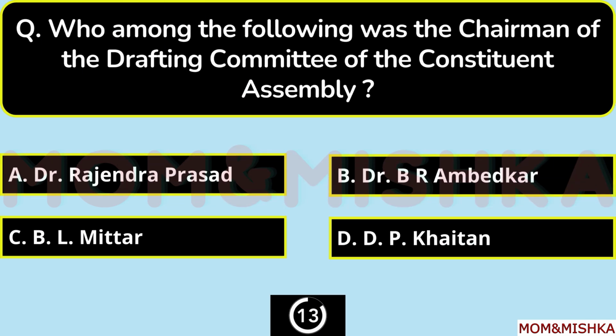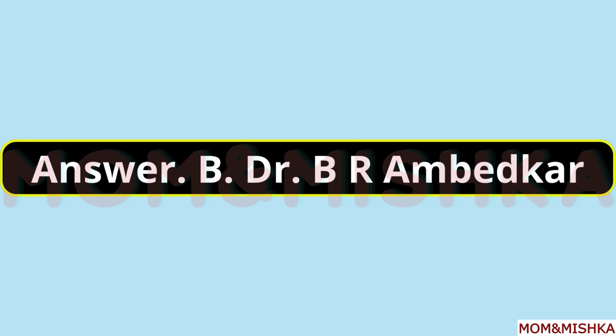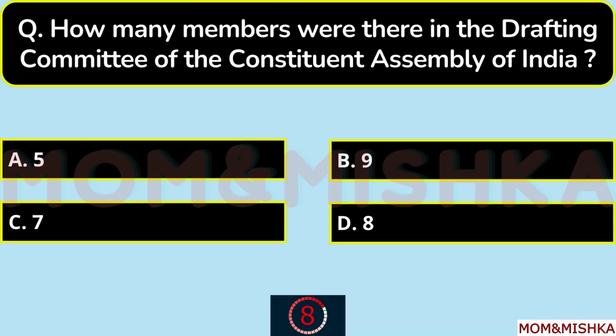Who among the following was the chairman of the drafting committee of the Constituent Assembly? Dr. B.R. Ambedkar. Option B. How many members were there in the drafting committee of the Constituent Assembly of India?